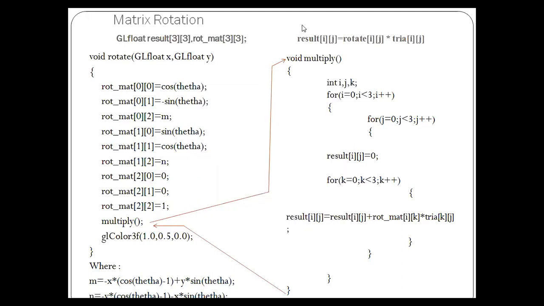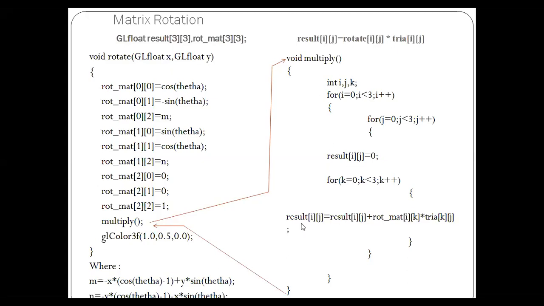Once we do matrix multiplication, you know how matrix multiplication works: int i, j, k. So 3 cross 3, because each of these is a 3 cross 3 matrix. So result of i j, for k equal to 0, k less than 3, k plus plus, result of i j is equal to result of i j plus rotation matrix of i k into triangle of k j. This is how I multiply two matrices.